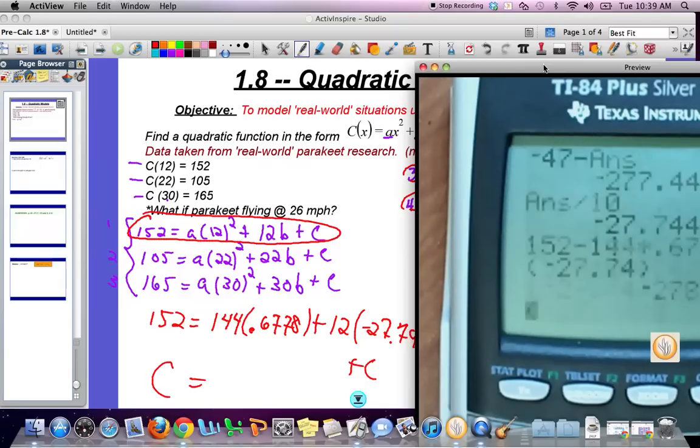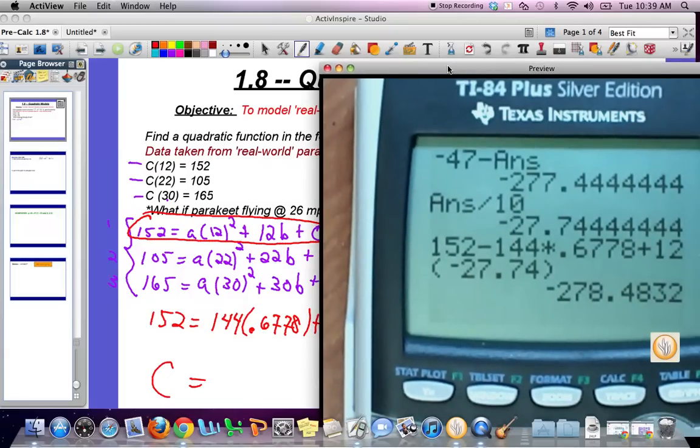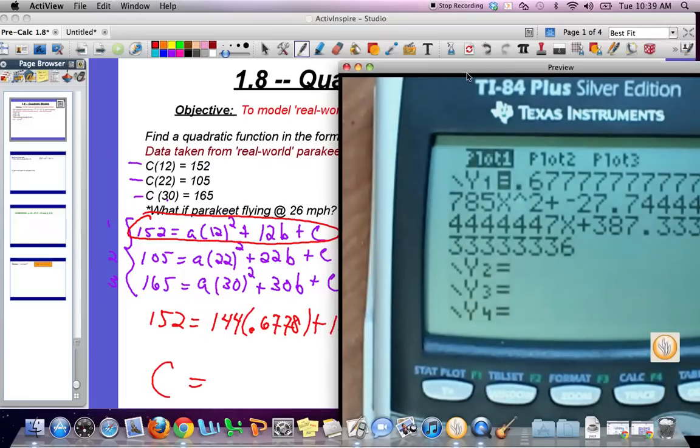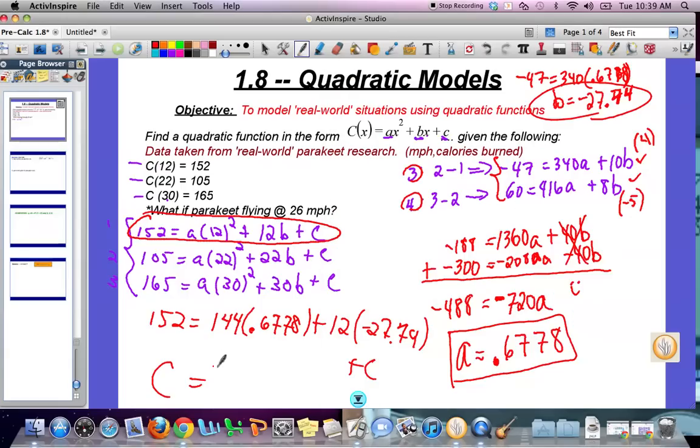Is that what I was supposed to get? I got negative 278. I probably typed something in wrong. I got 387.333 repeating. And I should have gotten 387.333 repeating. Awesome, I was right. You should get 387.33 repeating. That makes me happy. There's your A, B, and C.